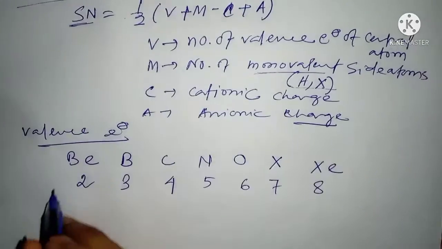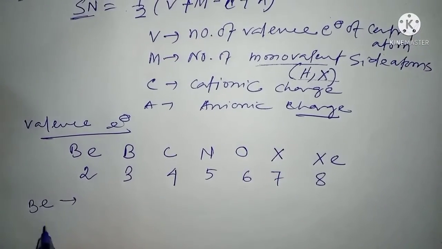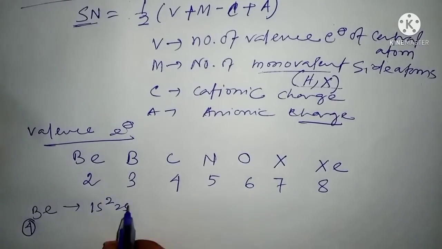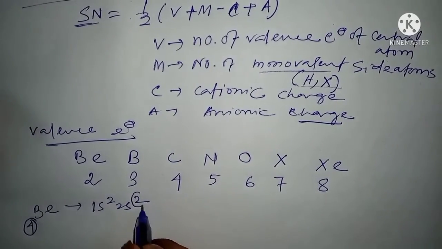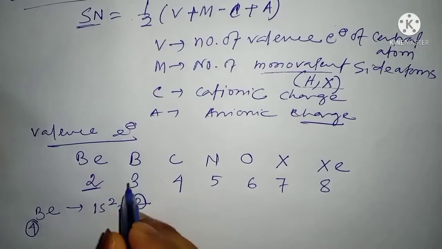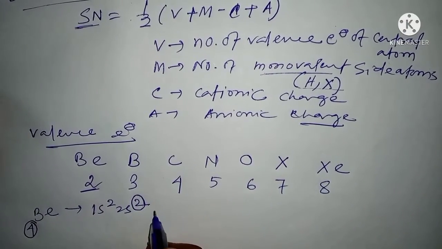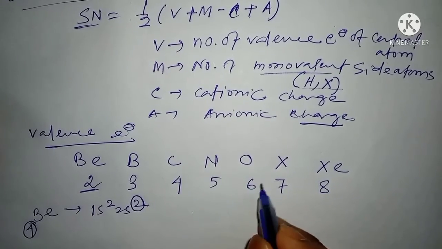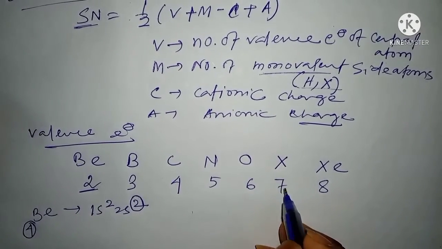What is a valence electron? Beryllium has atomic number 4, so it is 1s2, 2s2, and this 2 is the valence electron. Boron is 3: 1s2, 2s2, 2p1. For carbon 4, nitrogen 5, oxygen 6, halogen 7, and inert gas 8.